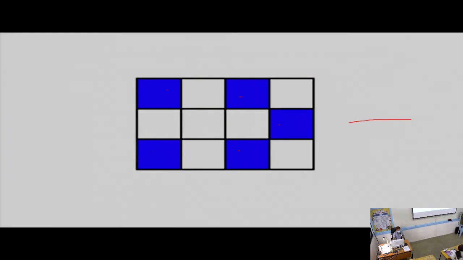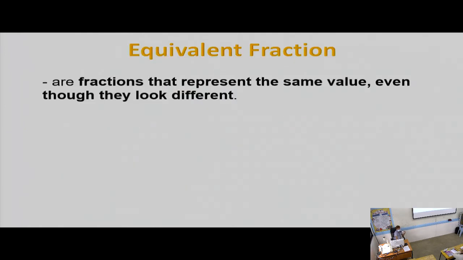So this is 5. And how many do we have? 1, 2, 3, 4, 5, 6, 7, 8, 9, 10, 11, 12. So the denominator is 12. That's why we have here 5 over 12. Understand? Okay. Let's proceed with the next topic.